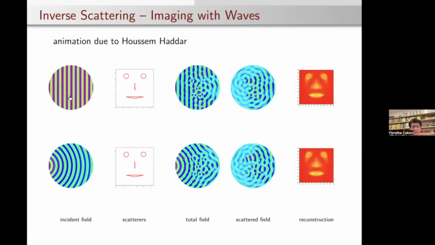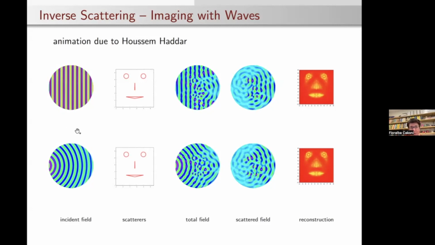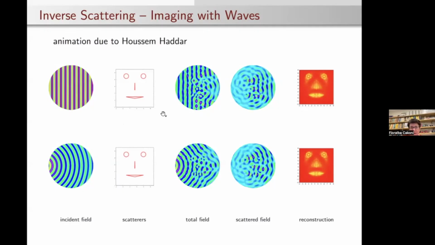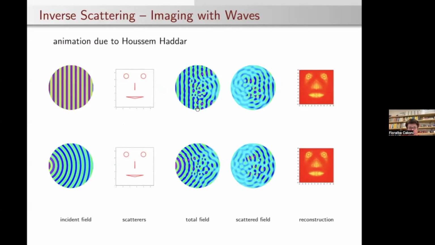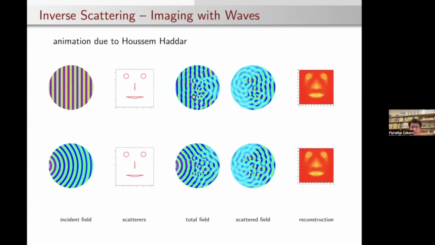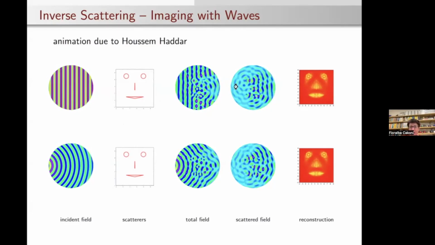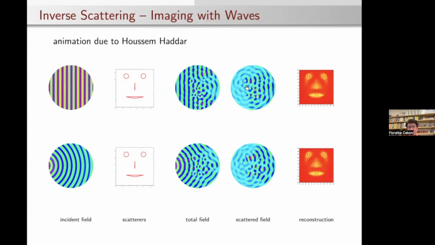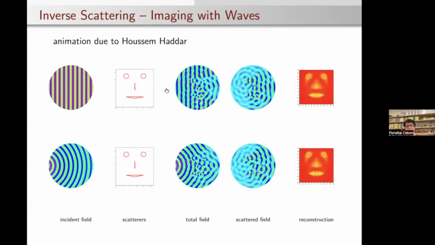And then this incoming wave, in this case in the first row a plane wave, is disturbed by this inhomogeneity. After it goes through this perturbed background, one has both the incoming wave and the so-called scattered wave. Here I display both, and here is the scattered wave. So this is basically the forward scattering.